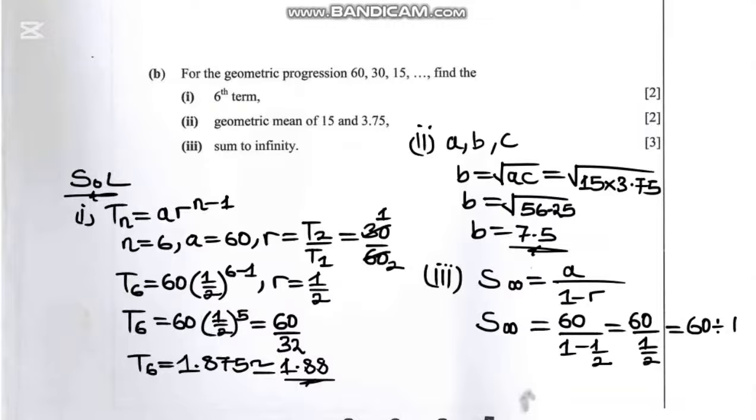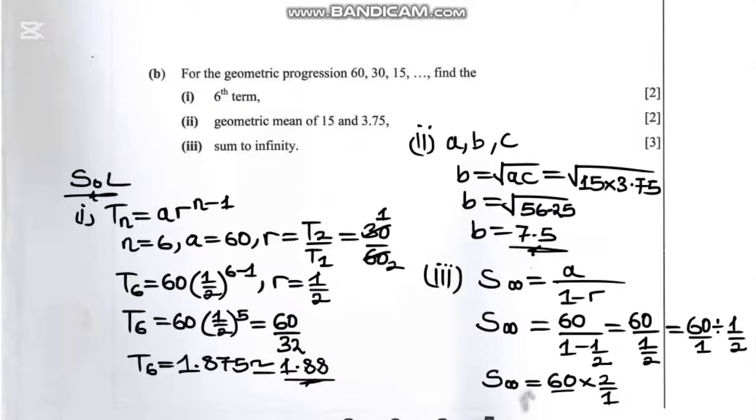This is the same as 60 divided by 1 over 2, where 60 can be written as 60 over 1. Then we change the operation to multiplication, which affects the fraction 1 over 2, and it becomes 2 over 1. The fraction will reciprocate. So the sum to infinity is equal to 60 times 2 over 1.